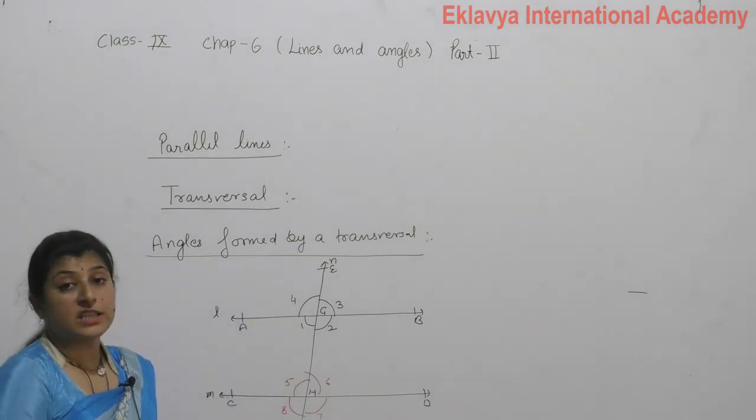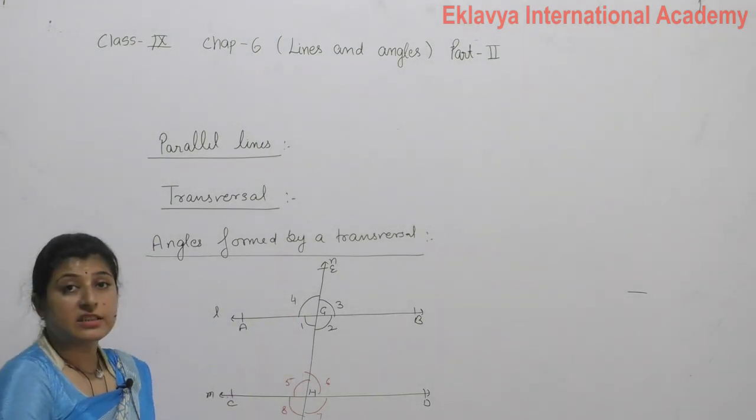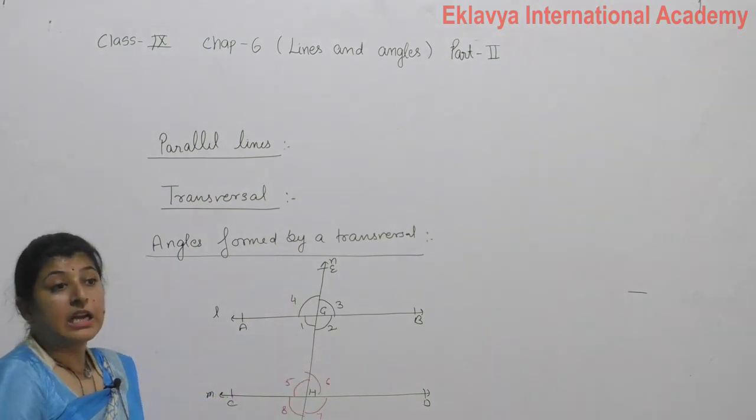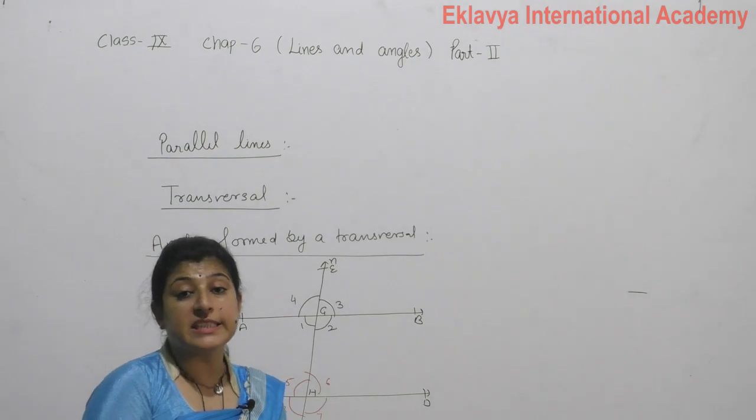When a transversal intersects two lines, then it forms 8 angles here. Now see the relation between these 8 angles.